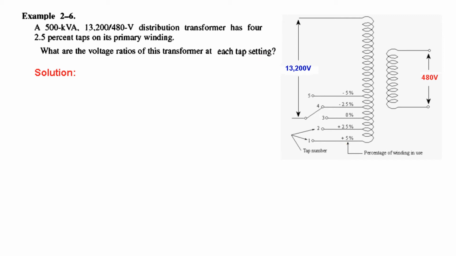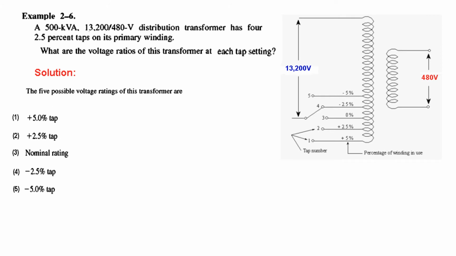So, simple question. We have written here all the 5 possibilities: nominal volt, plus 2.5%, plus 5%, minus 2.5% and minus 5%. The nominal volt will be no change, so it will be 13200. On the plus side it will add, so plus 2.5% of 13200, which will be 330.